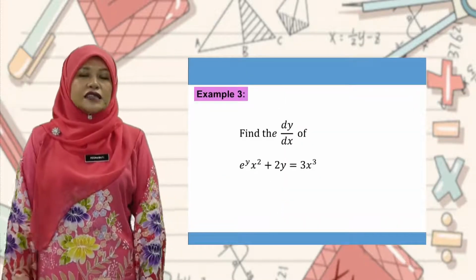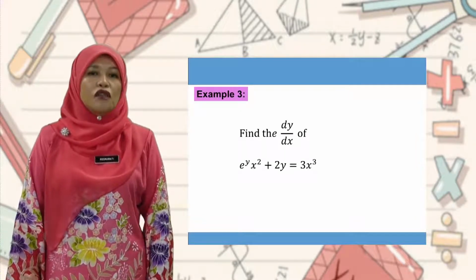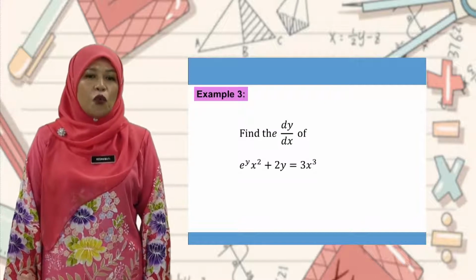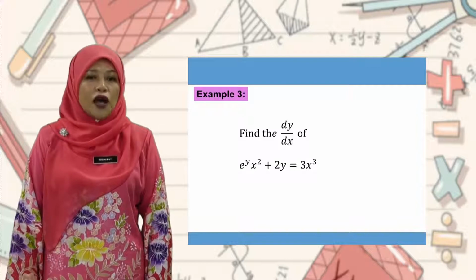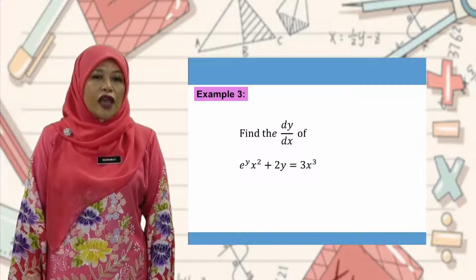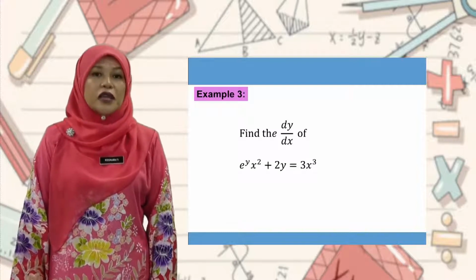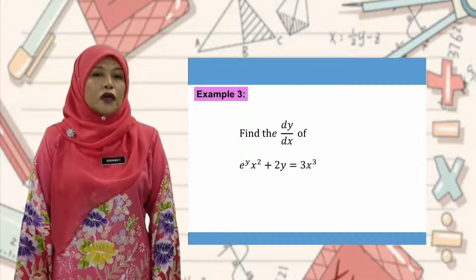In the next example, example 3, we want to find dy dx of e to the power of y multiplied with x squared plus 2y equal to 3x cubed. So this is another example of an implicit equation or implicit function.